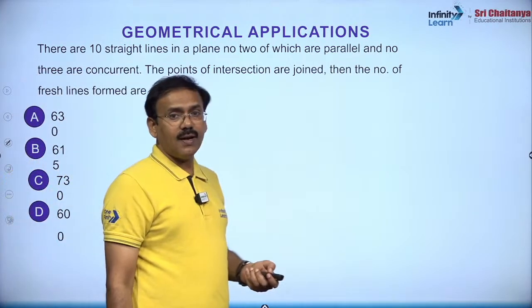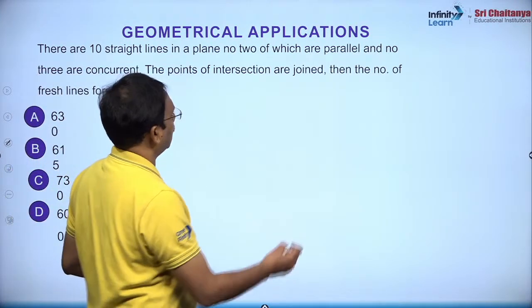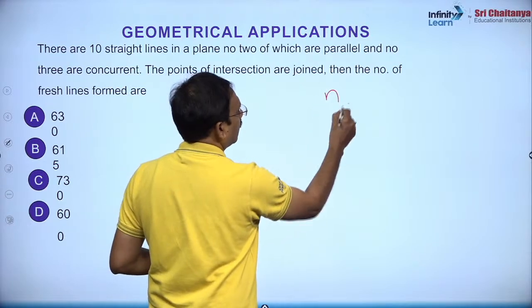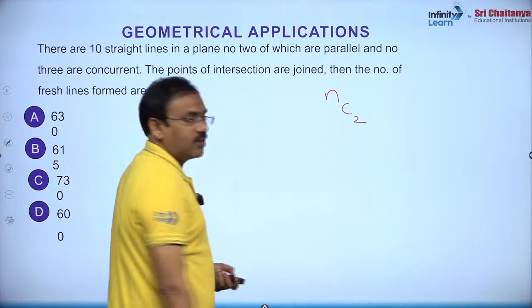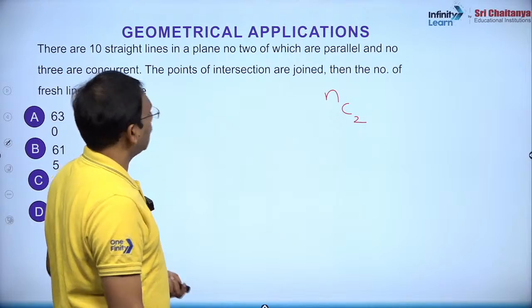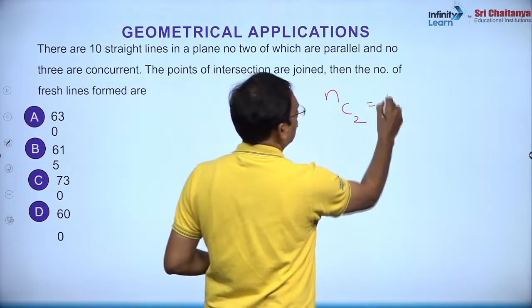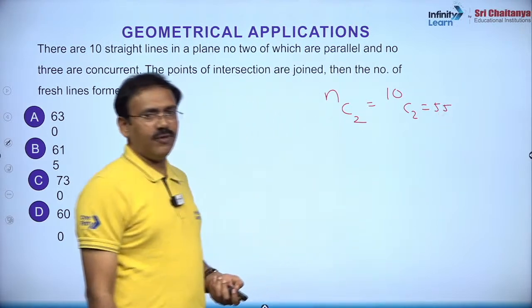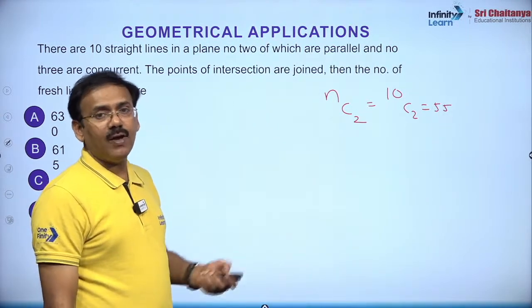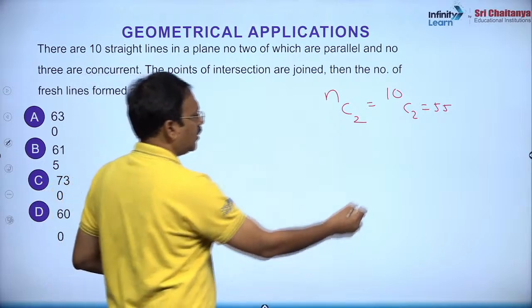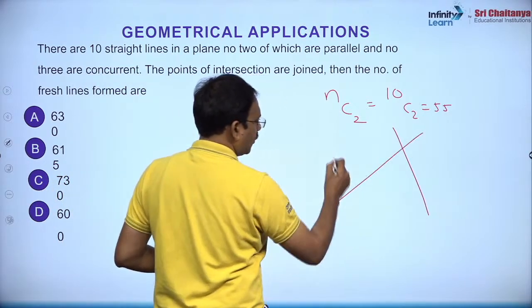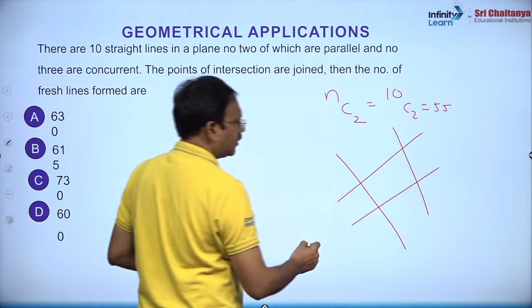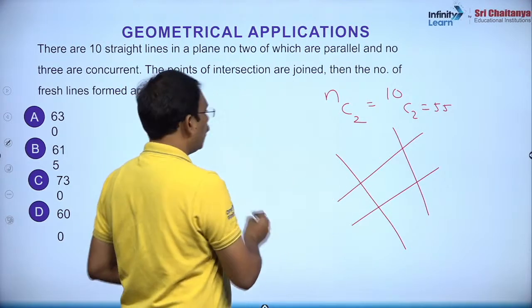So the total number of points of intersection will be out of n. Whenever you select 2 lines, you will get a point of intersection. 10 lines are there, so 10C2, my dear friends, 45. You see line 1, line 2, line 3, line 4, like this. So no 2 are parallel.